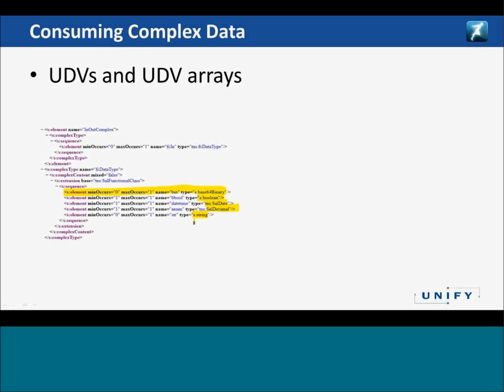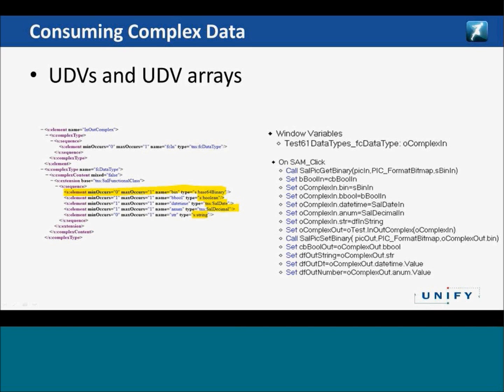There's a number of things that are being passed in a UDV, for example, in this example here. And what you do, you create again an instance variable of that UDV, and then you set the single values of the UDV members, and this line here basically calls the web service, and then after that you retrieve the values from the web service. That's how you'd handle complex data types, UDVs.